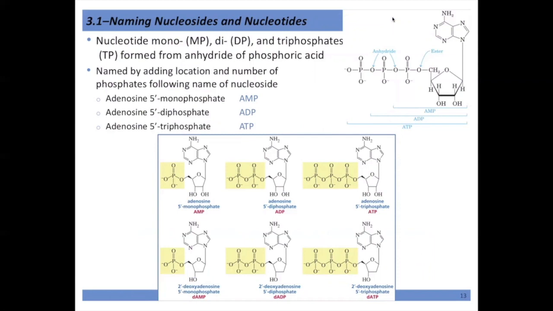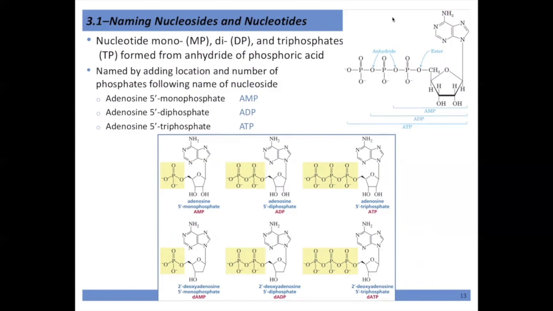So when we talk about naming these nucleosides and nucleotides, there's actually some logic we'll see in a second, but you can add more than just one phosphate on there. And those of you that had biology, this will come back and hopefully explain where these terms that you've heard over and over come from.